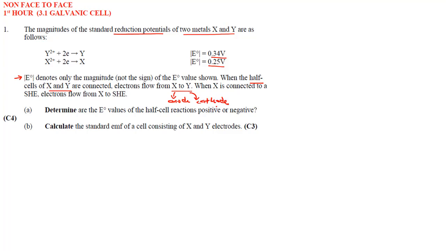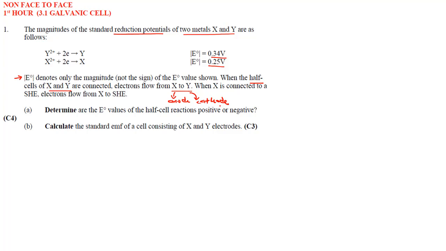Itu perkara pertama yang you kena tahu. The second thing yang you kena tahu, bila dia adalah anode, X to anode, the value must be more negative lah than kita punya Y. So those are the two things that you need to know.